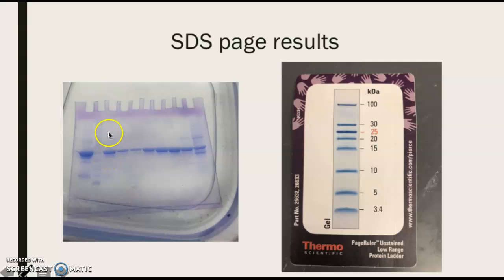And as you can see, this lane and some of this lane and maybe a little of this lane has contamination of other proteins, and these are pretty pure. It's just one line. And we know that this is our FAS protein because we compare it to the gel of the molecular weight.